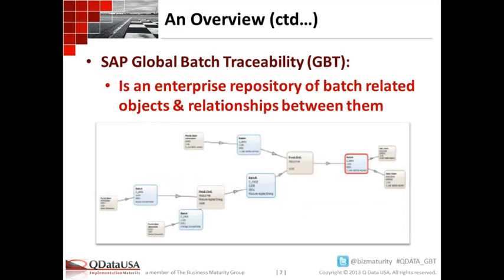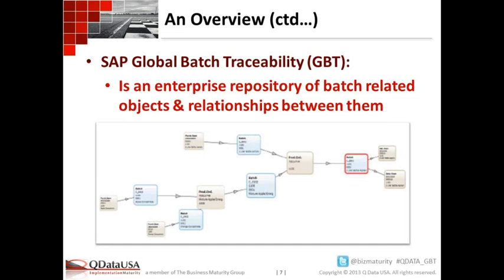GBT is an enterprise repository of batch-related objects and the relationships between them. So I mentioned that. Here's a diagram of a little bit of what we're talking about. The little blue blocks, for example, are the batches that are in question with the attributes with that, and the little purple boxes are the actual documents, if you want, goods movements that produced those batches or that consumed those batches, right?